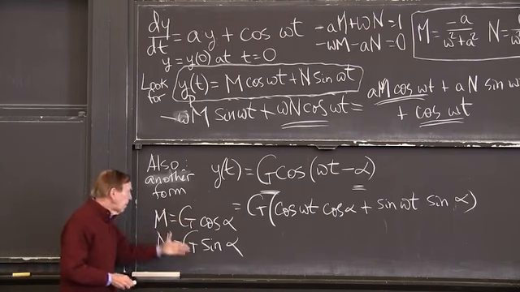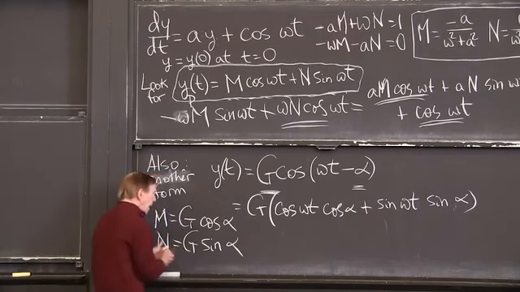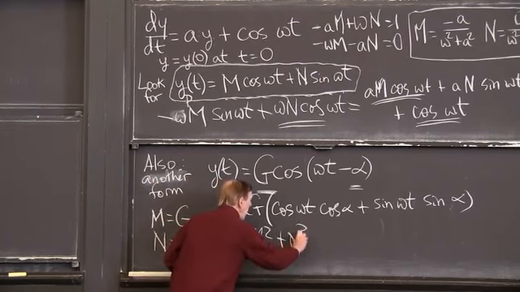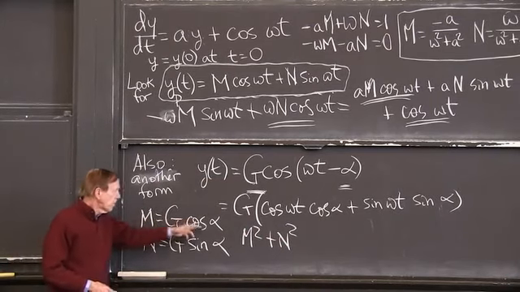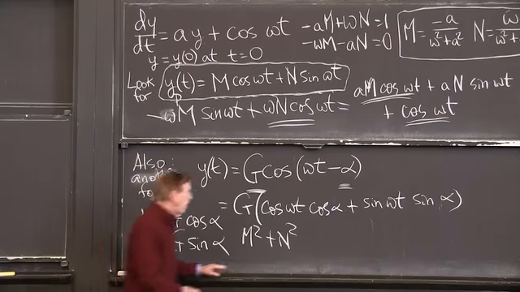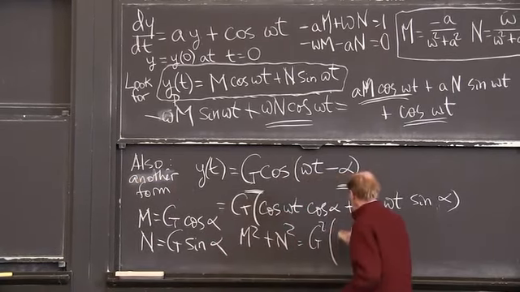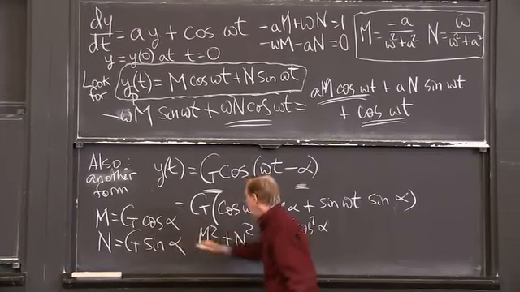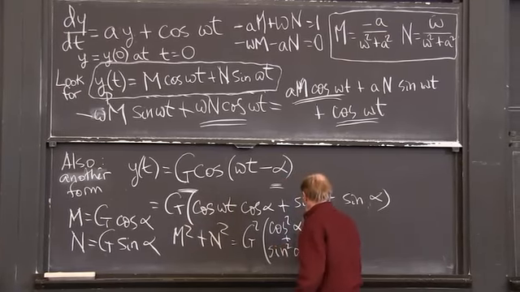So I'll square both sides, and I'll add. So I'll have m squared plus n squared is g squared cosine squared alpha, when I squared that one, and g squared sine squared alpha when I squared that one.